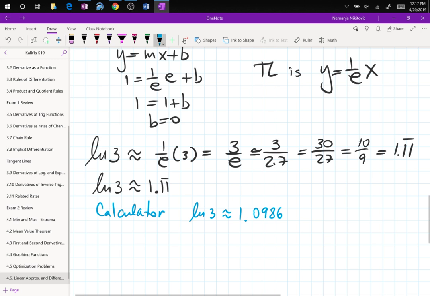Now, prior to all of your technology in terms of calculators and cell phones and tablets and computers, these were the methods used 100 years ago, because you need ln 3. What is it? There's no technology to compute that.